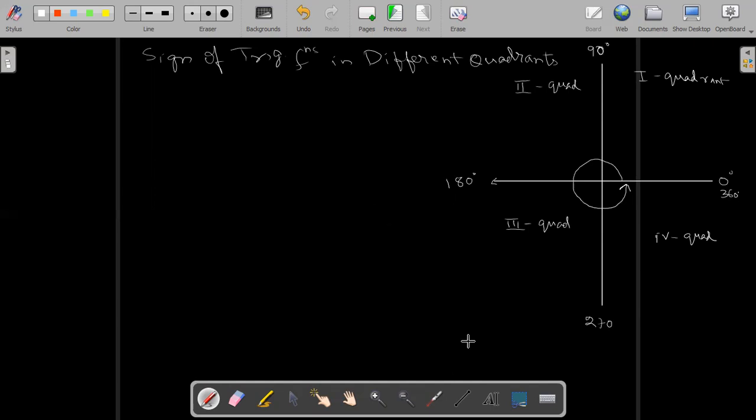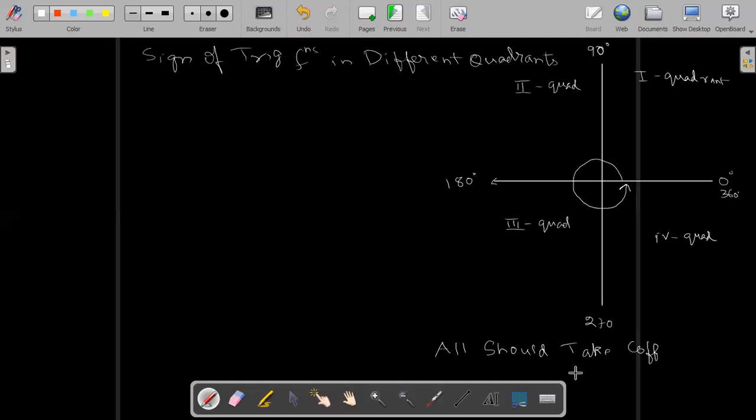Now you have to remember this. There are many ways of remembering this formula. All should take coffee, all should take tea, all silver teacups. Any sentence you can remember, like it starts with A. All should take coffee.